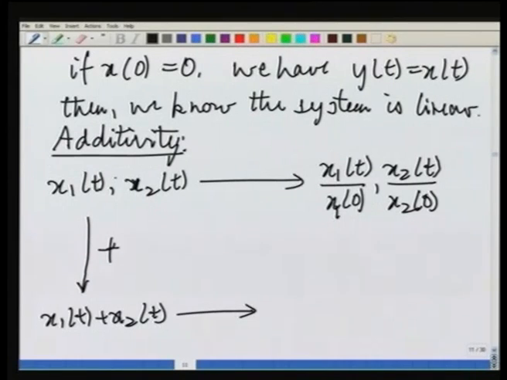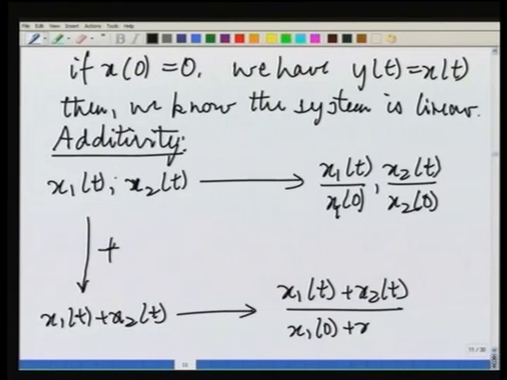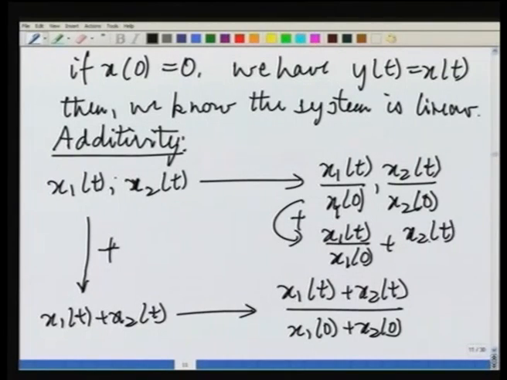It would be x1(t) plus x2(t) divided by x1(0) plus x2(0), whereas if we just added the two outputs, we would get x1(t) by x1(0) plus x2(t) by x2(0).